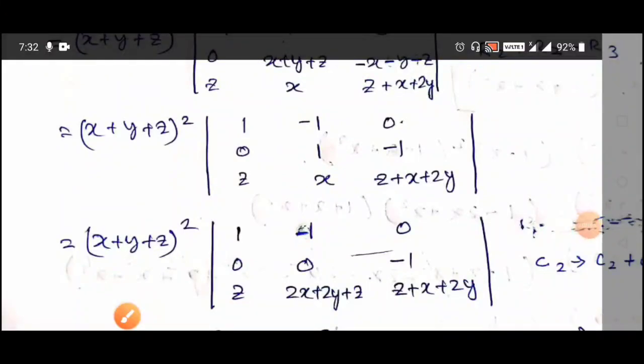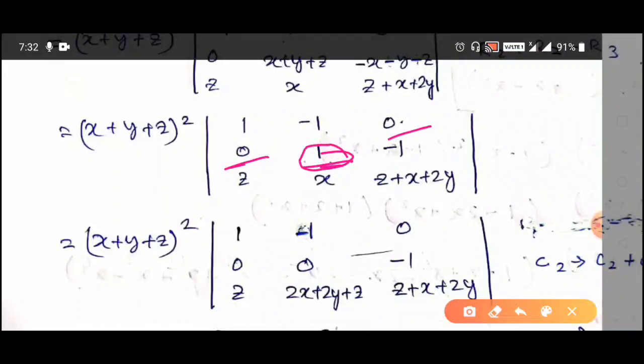Now see, in row 1 we have 1 0 and in row 2 we have 1 more 0. Now if we transform column 2 by doing column 2 plus column 3, then in place of this 1 we will get 0. So in row 2 we will have 2 zeros.